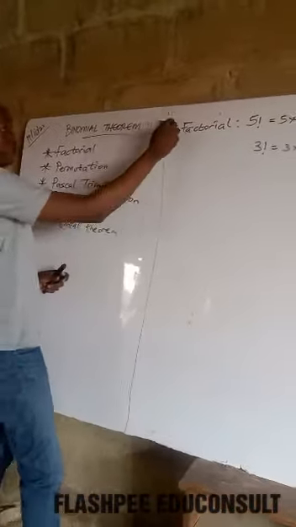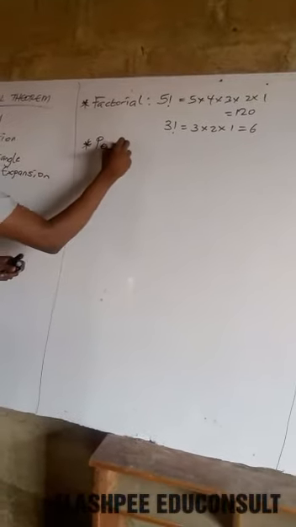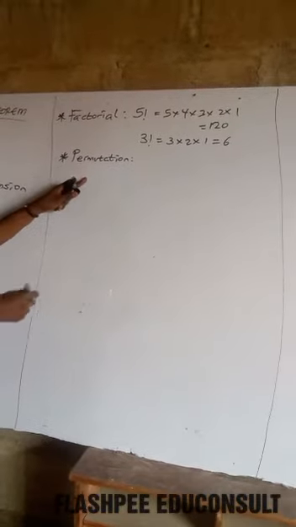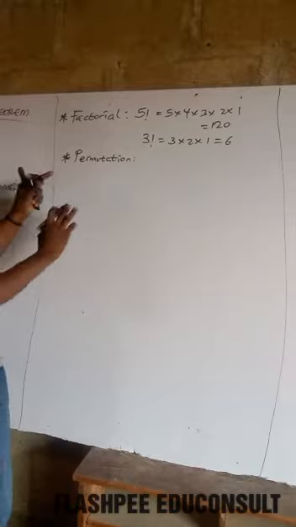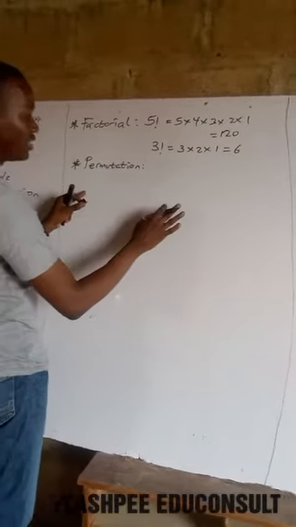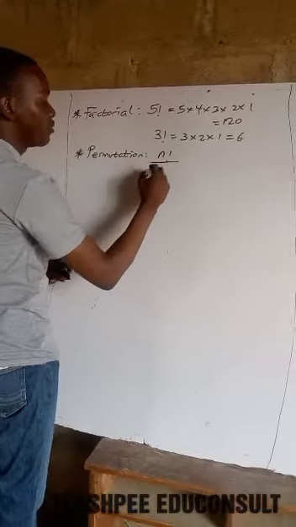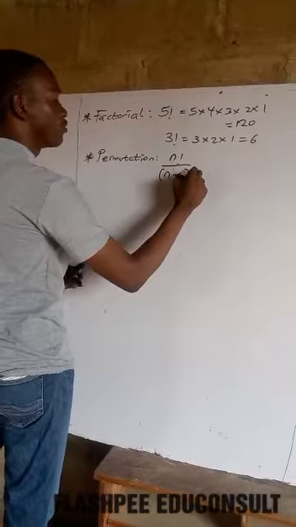Let's move to the next one, permutation. Permutation, like I said, gives rise to how to solve combination. But for now, permutation is actually not needed. But let me just give you the formula for it. It is n factorial over n minus r factorial.